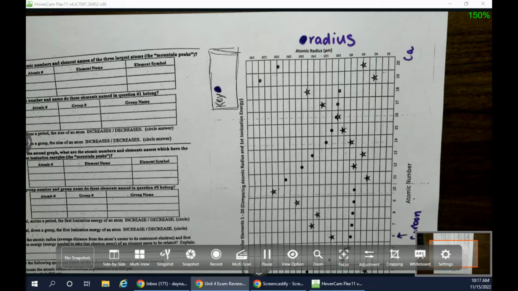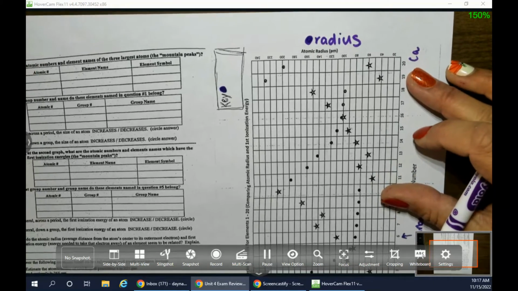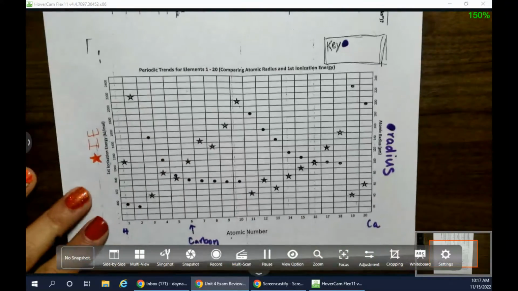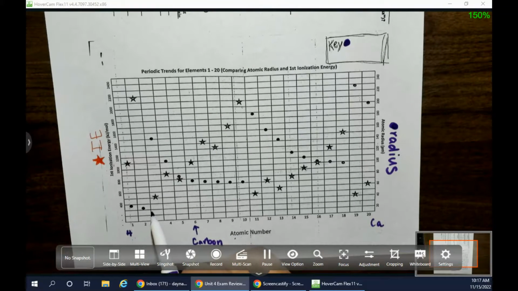Okay? All right, so for the part where you're going to use the 2 different colors, I'm going to give you about 3 or 4 minutes to do this next part. I would use that ruler to help you draw straight lines. But you're going to connect all of your dots together and then all of your stars together.